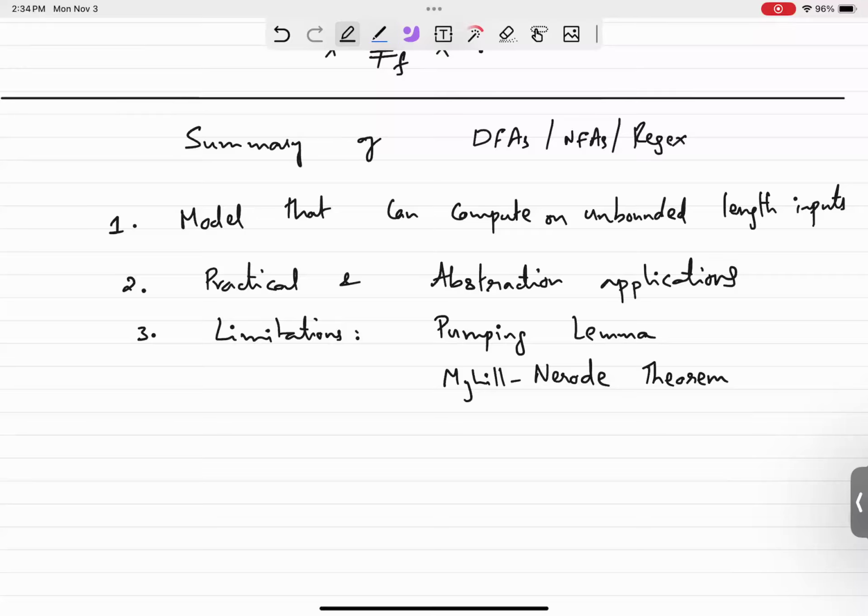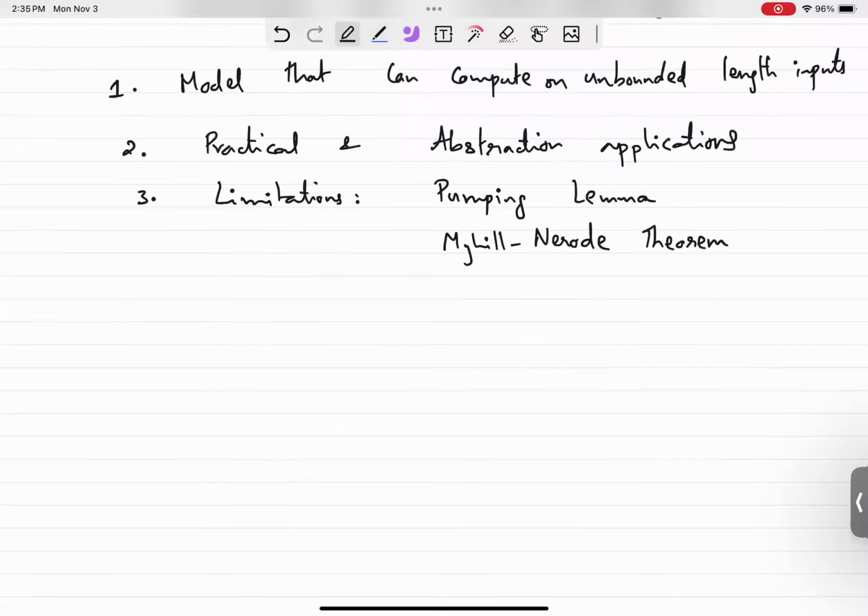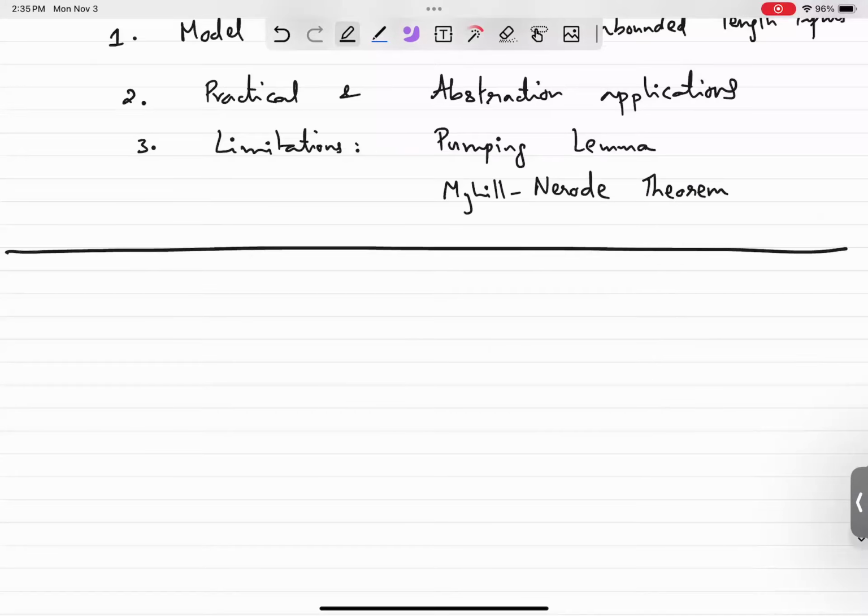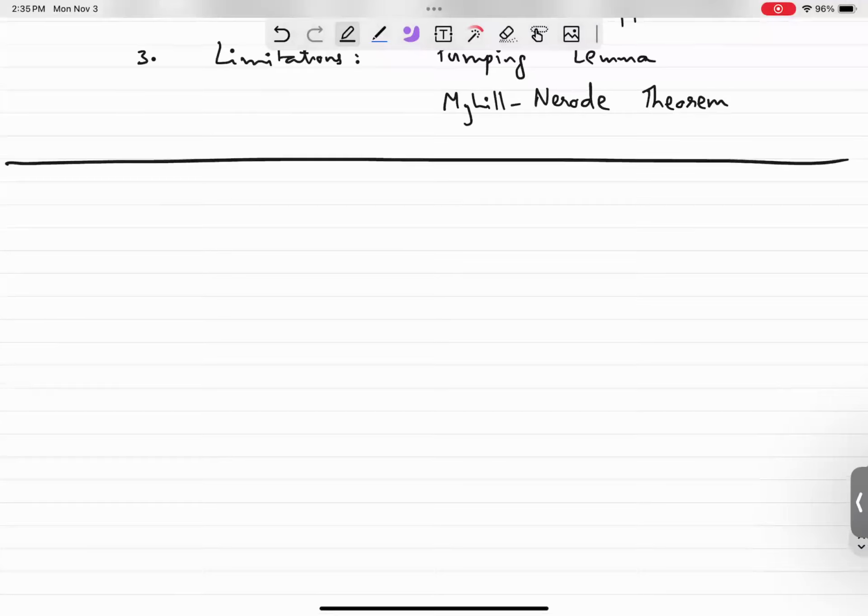They could compute anything, but they had a strong limitation that the description size of the circuit had to depend on the input. DFAs got around that, but they're limited in computational power. So now we should ask ourselves, okay, is there a best of both worlds? Can I go beyond this limitation of circuits and of our first unlimited input model, DFAs and NFAs? Okay, so let's talk about that.